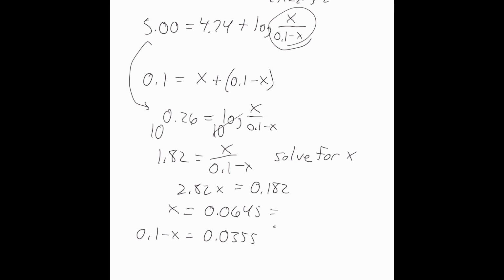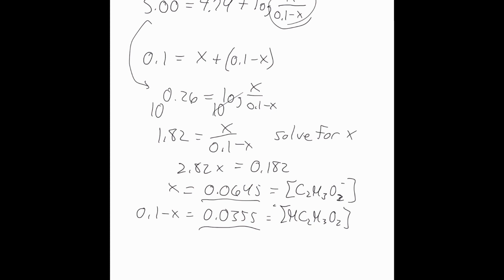Those are our concentrations. So that, because I set x as my base, is C2H3O2 minus, and that is equal to my acid concentration. So those are my two concentrations that I need in order to get a pH 5 buffer totaling 0.1 molar overall.